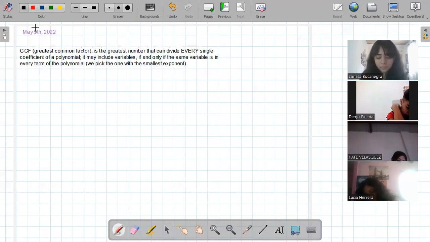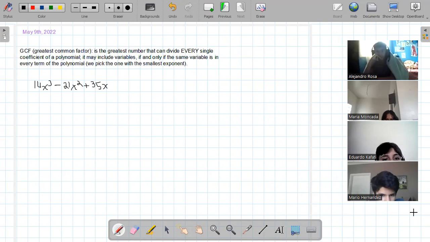So we're going to have, for example, 14x to the 3rd power minus 21x squared plus 35x. Sometimes our GCF is just going to be a constant.